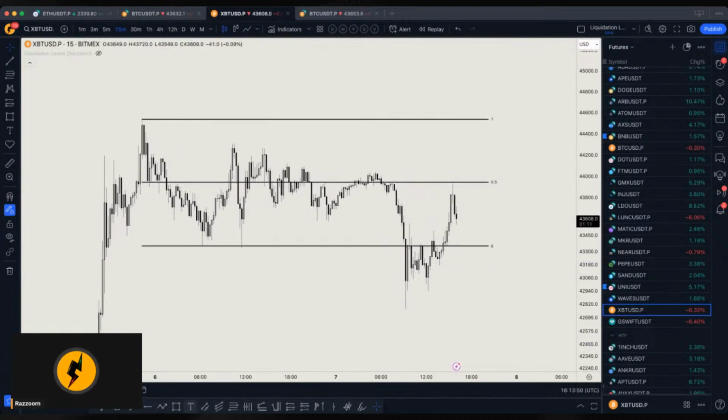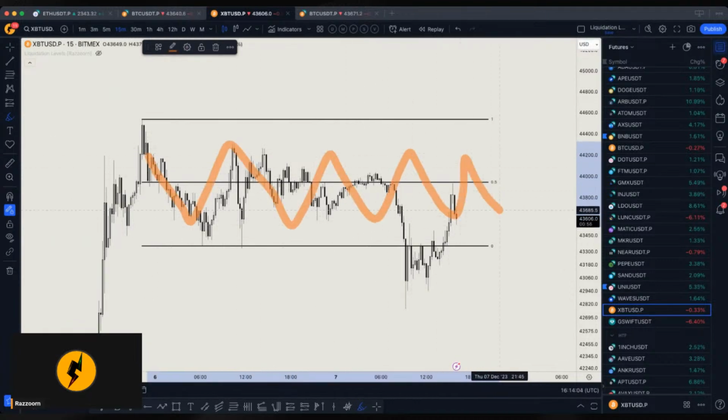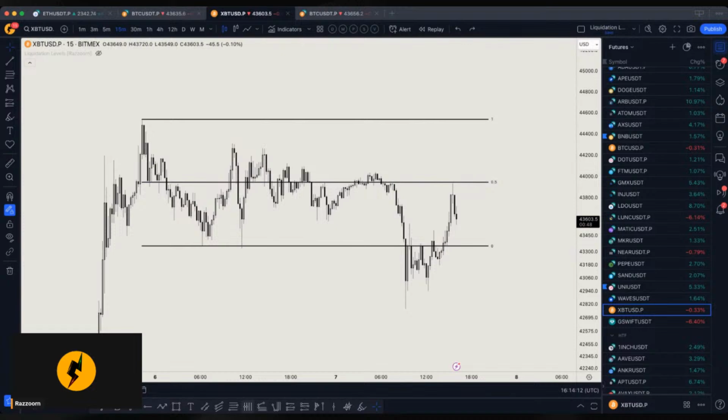But what we look for is the price to get out of the balance, right? This is at least the way that I look at the charts. This is the balancing range for Bitcoin. And right here we got out of the balance zone, right?